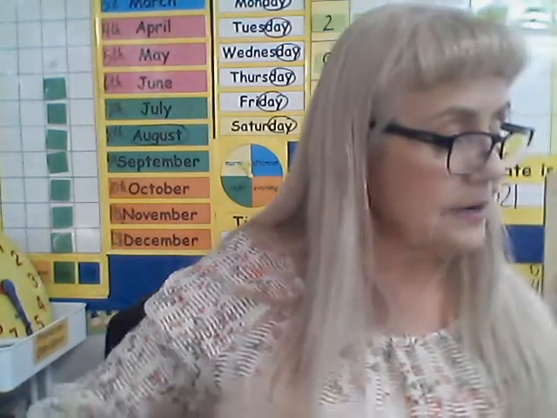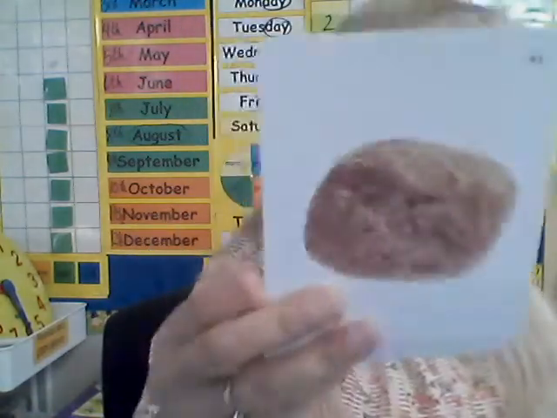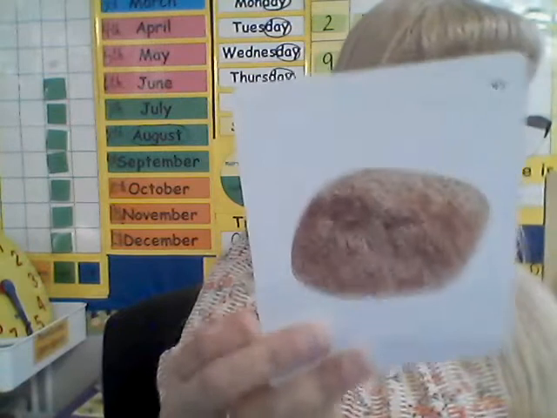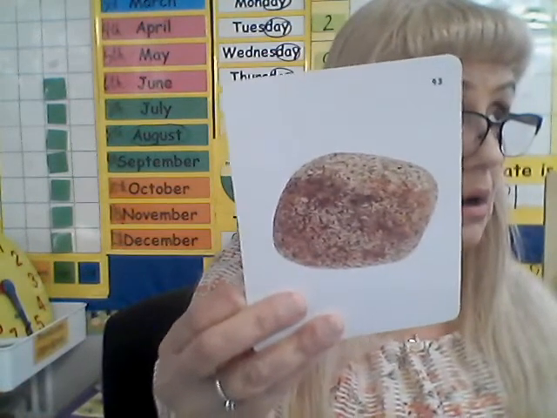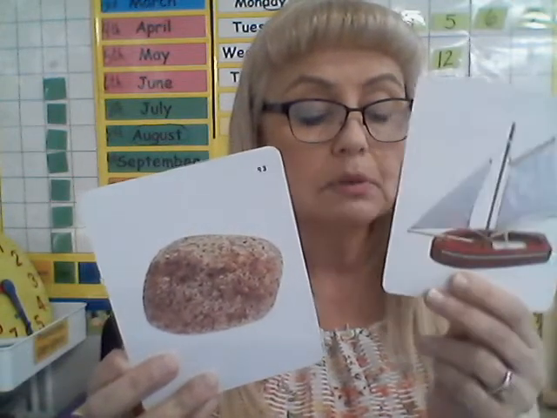Now, look here. What sound do you hear in the middle of rock? What sound do you hear in the middle of rock? Okay. And what sound do you hear in the middle of boat? Boat.